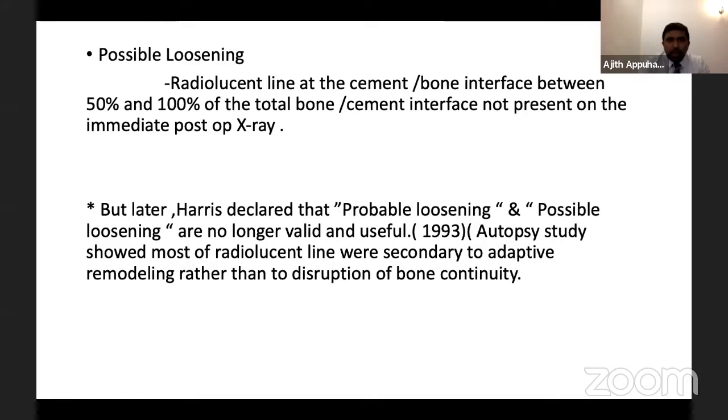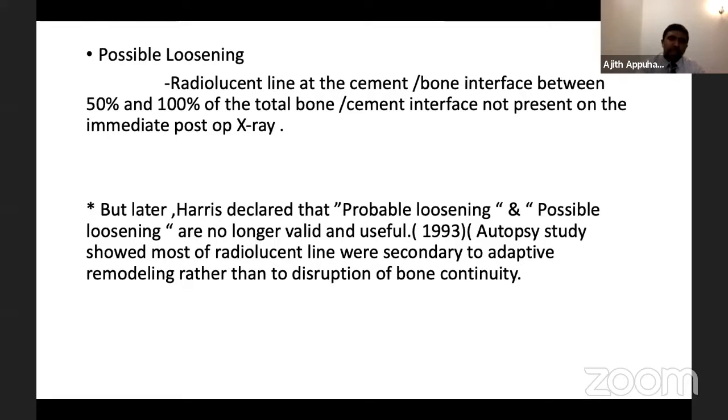But there is some argument. Later on, Harris did another study in 1993 and declared that probable loosening and possible loosening are no longer valid or useful, because he proved that the radiolucent line described in probable and possible loosening was secondary to adaptive remodeling rather than disruption of bony continuity.